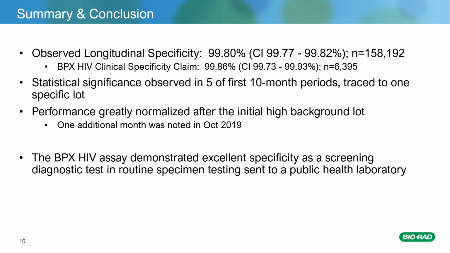It matches very closely the instructions for use as stated in clinical specificity claims, and it's definitely within the confidence intervals of the BioPlex HIV assay. Since the lot changes were also tracked during the period, that's when we saw the significant decrease in specificity in the first 10 months, which was traced to that one specific lot. However, the subsequent lot performance has greatly normalized, with 1 month of decreased specificity noted in October of 2019.